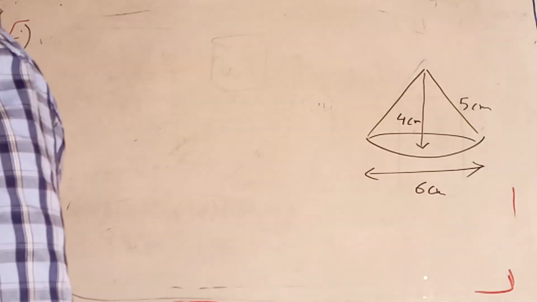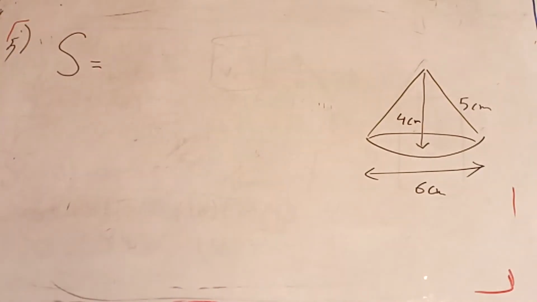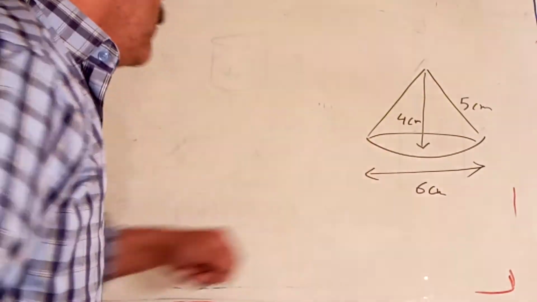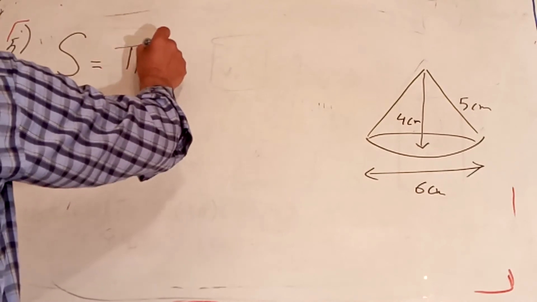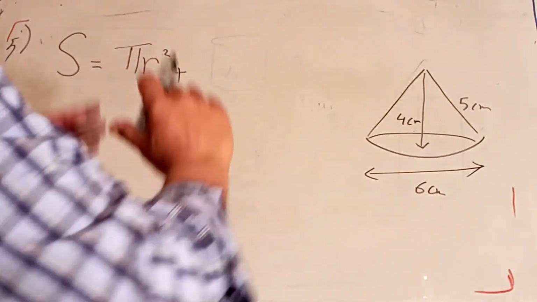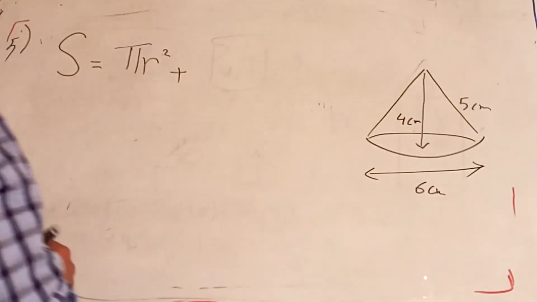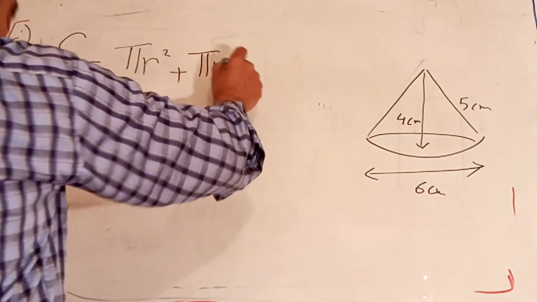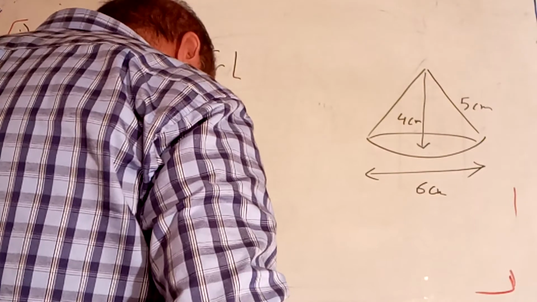We have the surface area S equal to the surface area of the base of the circle, which is pi r squared, plus the surface area of the curved side, which is pi r l.